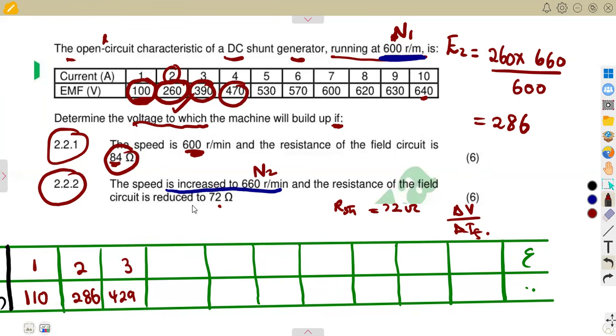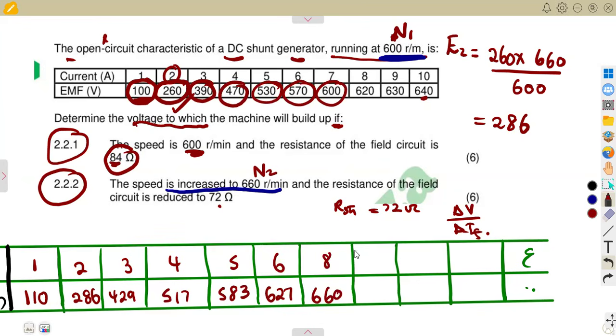At 470, it increases to 517. At 530, this gives us 583. At 570, it changes to 627. At 600, it changes to 660.